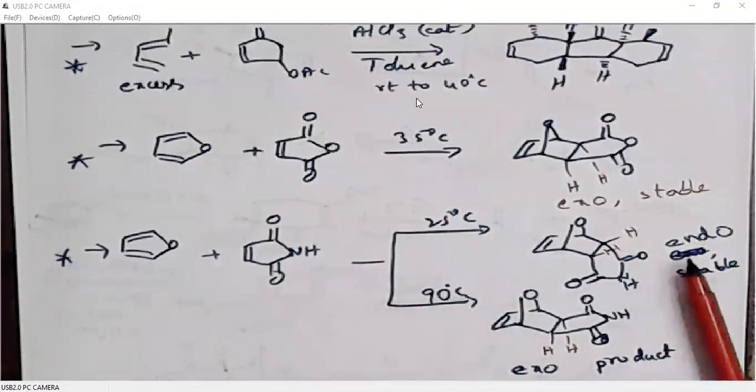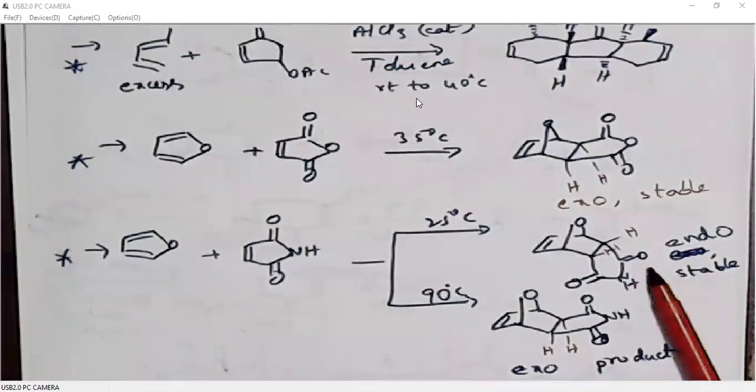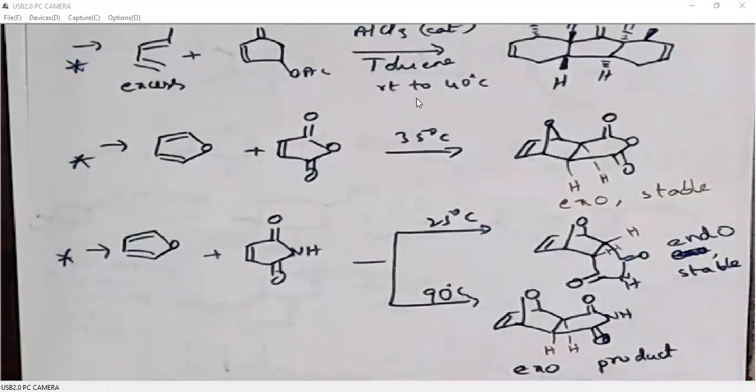The endo product is stable at room temperature. So we will get endo product only. But when we do the reaction at 90 degrees centigrade, the endo product is unstable at that high temperature. So it will give exo product. Yeah, these two are the only exceptions where we will get exo product. Okay.